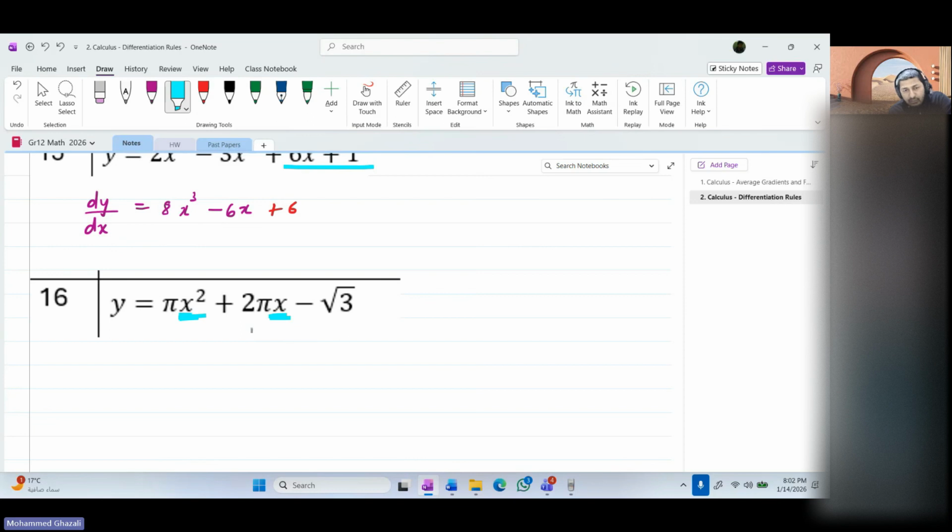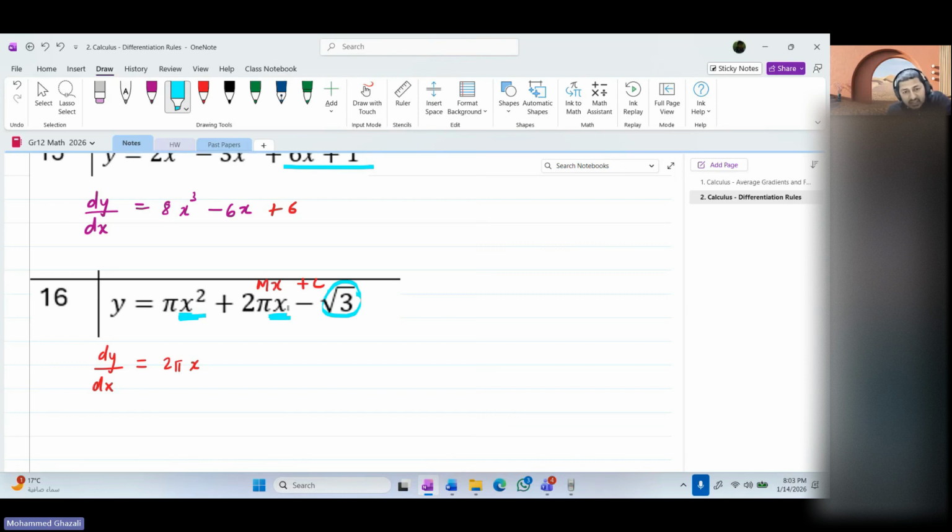So dy dx equals pi times 2 is 2 pi, take away 1 from the power, so 2 pi x. Root 3 is a constant, there is no variable there, so the derivative of the constant is 0.